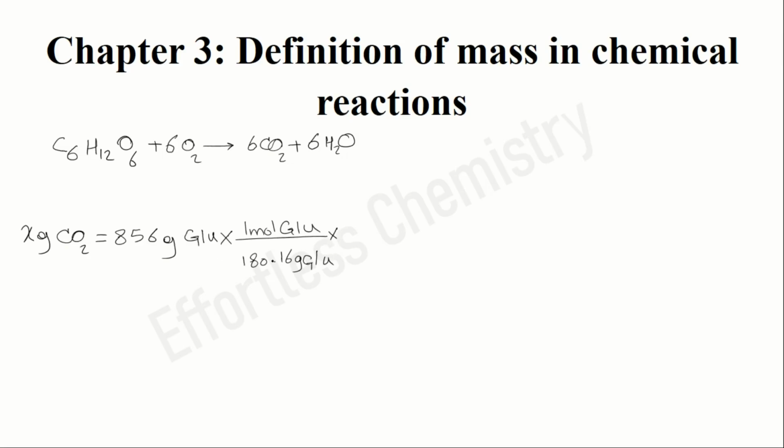And then after this conversion of gram to mole, I need to use the balanced equation to find the mole ratio. I know that 1 mole glucose produces 6 mole carbon dioxide. And again, I know 1 mole carbon dioxide has the molar mass of 44.01 gram of carbon dioxide.